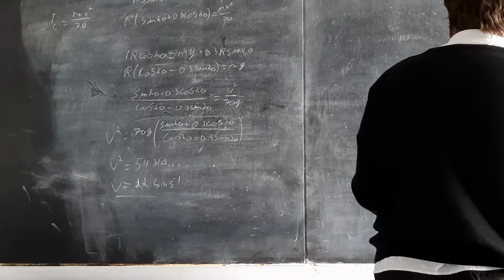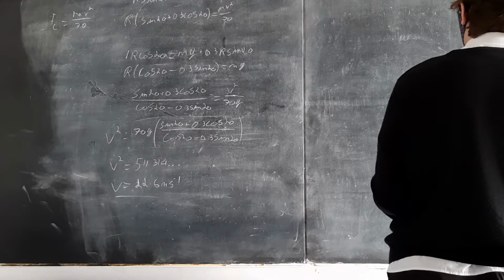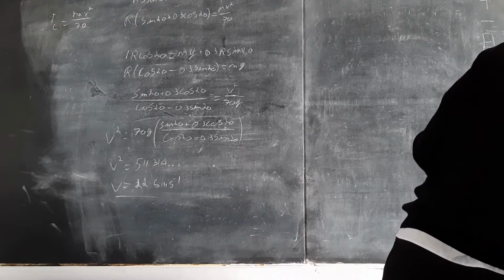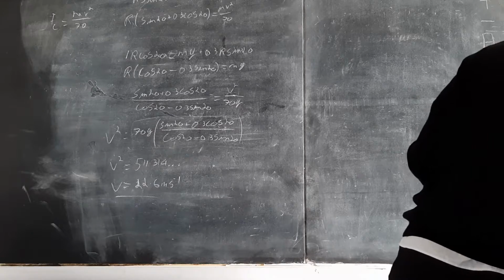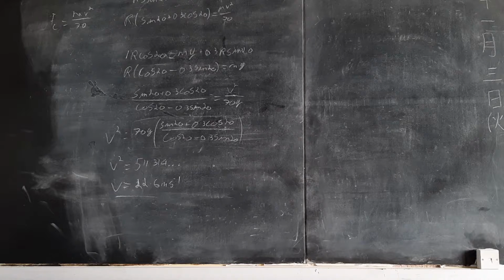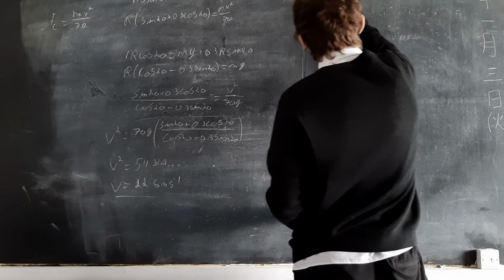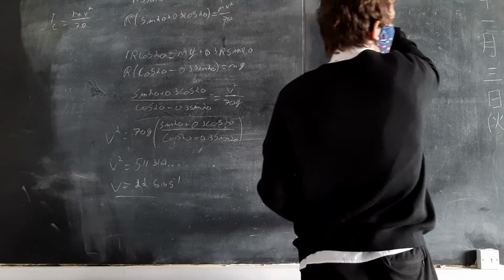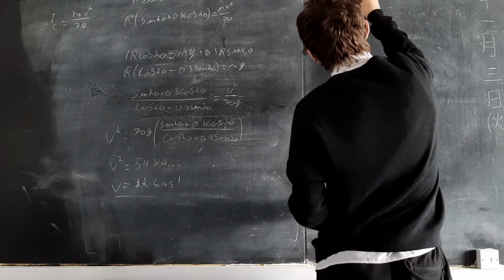I have put one of them in the wrong place. That is equal to that. Sine 20. Okay, they've got it the other way around to me, for some reason. That's why we had it last time. R sine 20.